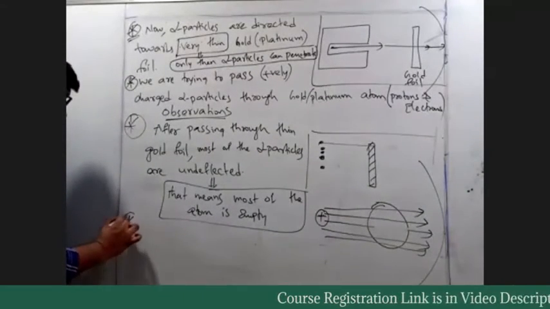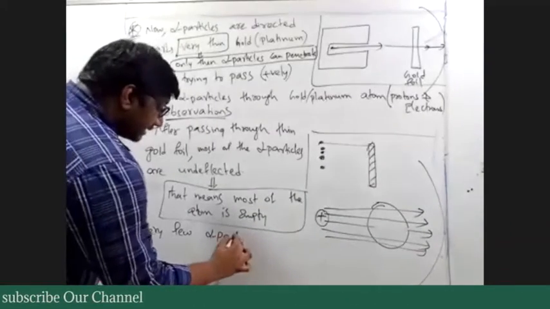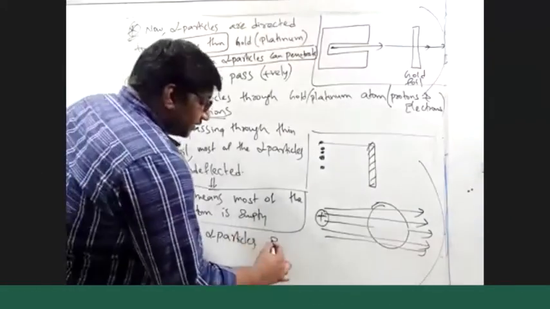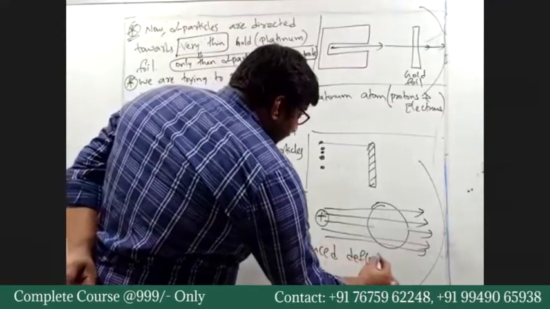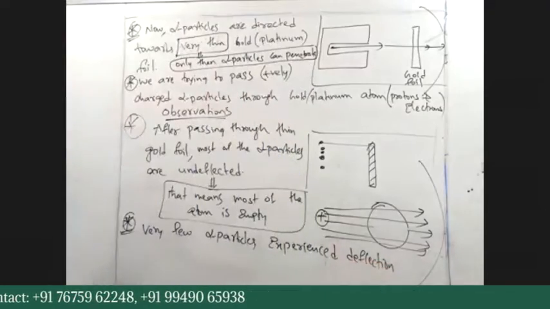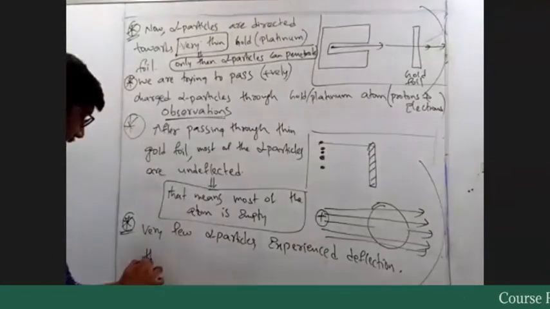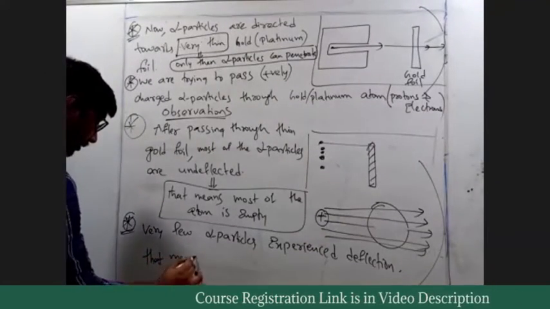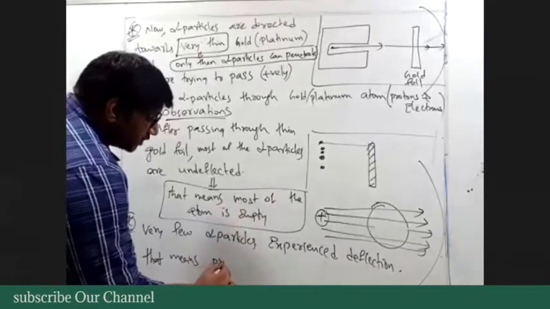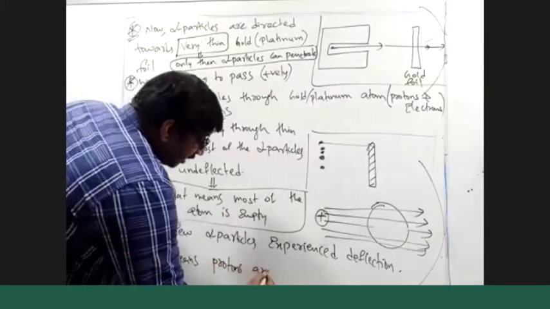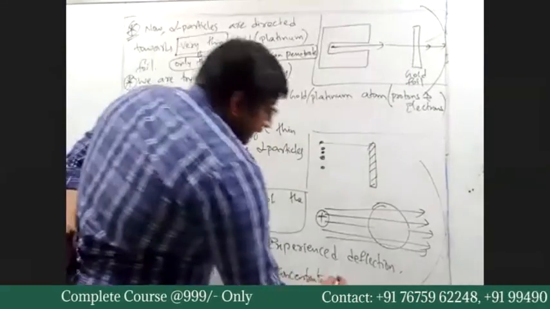Very few alpha particles experienced deflection. That means positively charged particles, that is protons, are concentrated in a tiny volume.